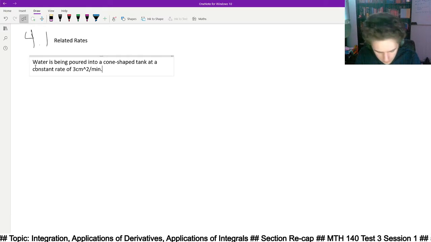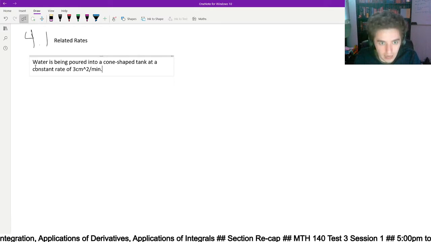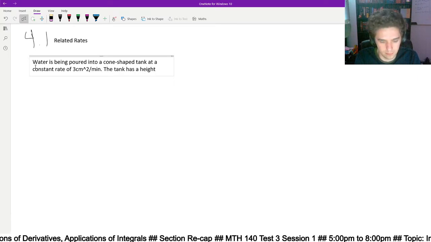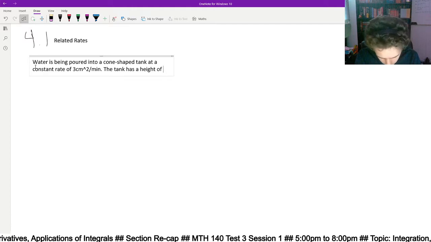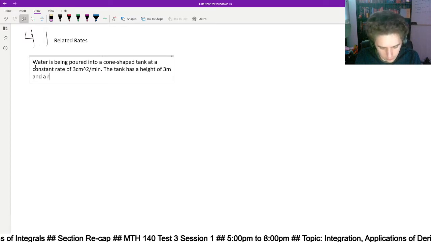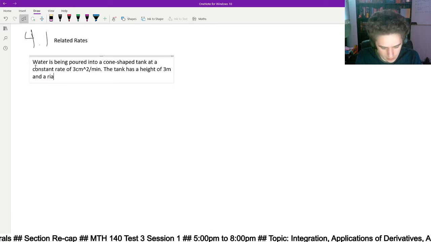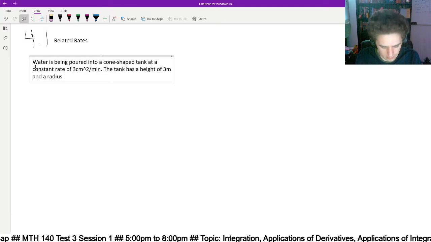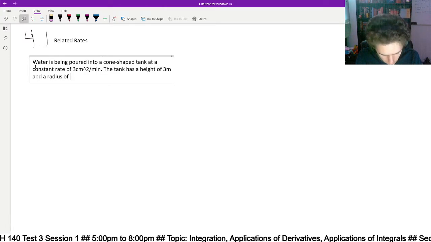And then the tank has a height of 3 meters and a radius of 1 meter.